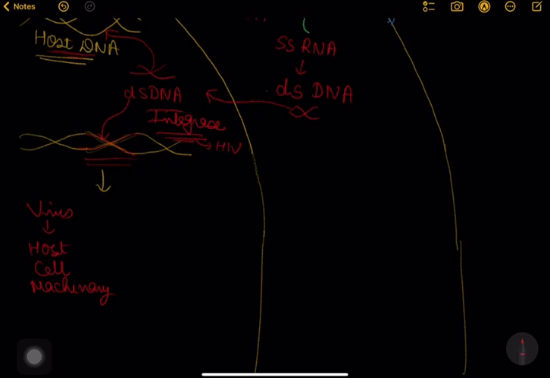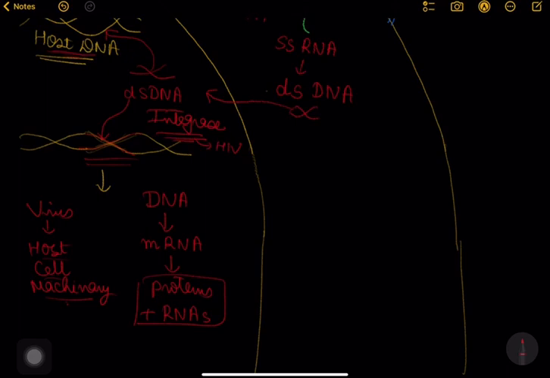With the help of this host cell machinery, this hybrid DNA is going to get converted into, remember the central dogma, it's going to get converted into mRNA, which is going to get converted into proteins. Okay, and plus some RNAs as the genetic materials will also be synthesized. Okay, so now virus has used host cell machinery to produce all of this.